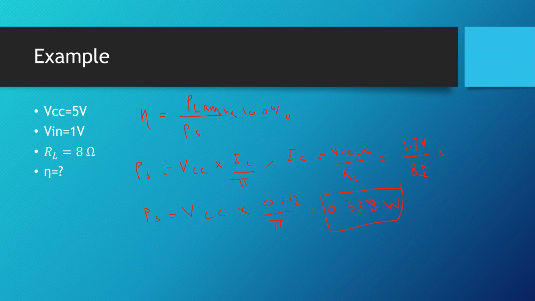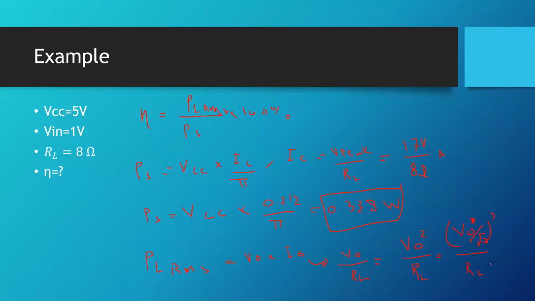Now we need to find the power at the load, RMS. The power at the load equals V out times I at the output. And what's I? I output equals V output over R load. So to combine this equation, it would be V output squared over R load. And since it's an RMS value, we divide V output by square root of 2, all squared over RL.